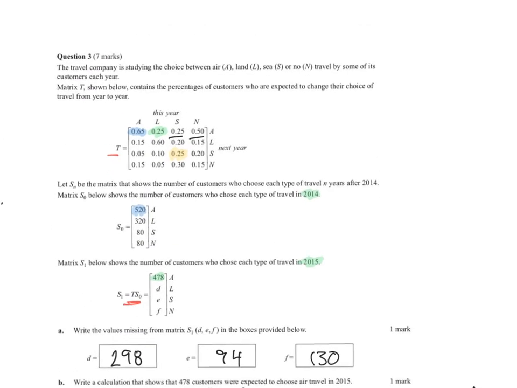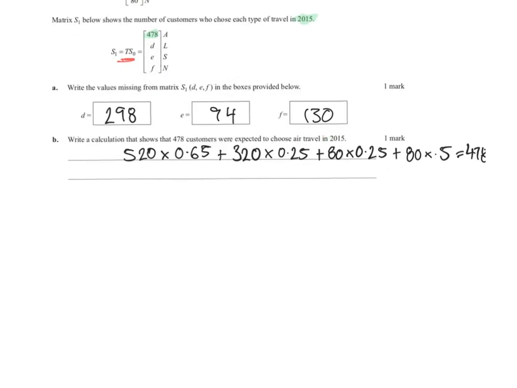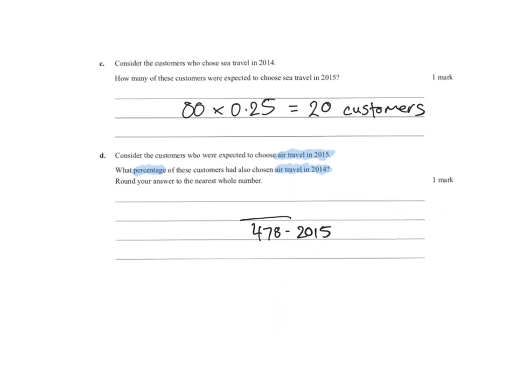And of those, in the blue, we can see that 65% of them will choose air travel again. So of the 520, 65% of them are going to choose air travel again. This is 2014 to get to the next year. Because we want to get it as a percentage, we times that by 100%.